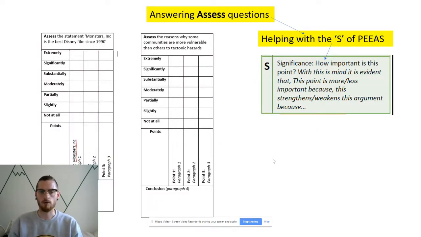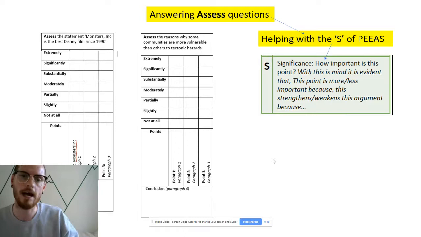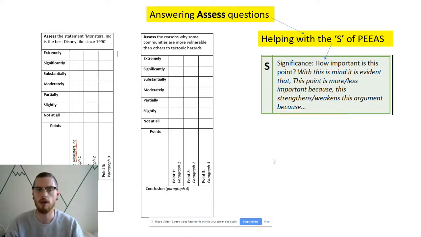Okay. Now, we've tried different ways of tackling assess in class, and I've got a format here that I thought would be worthwhile looking at in this walkthrough. So this is answering assess, but it's helping with the S of your P's, okay? So we're thinking about significance here. Significance basically means make a judgment, okay?